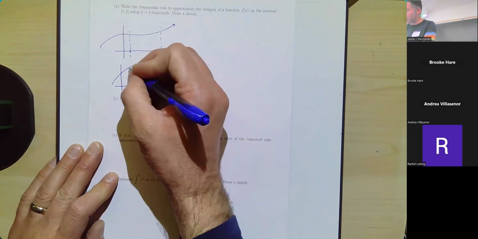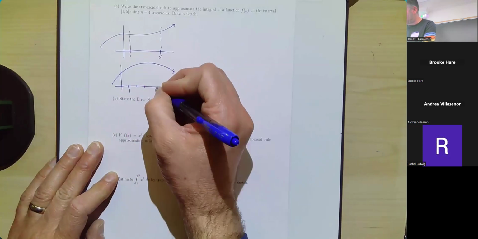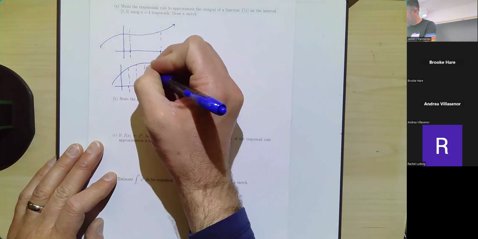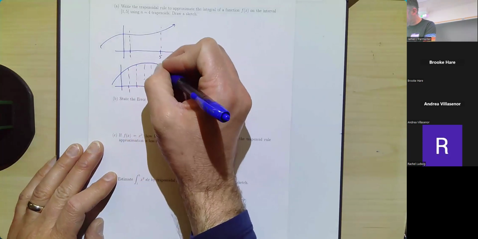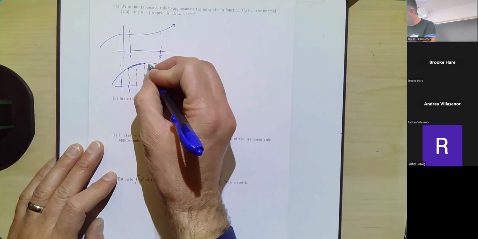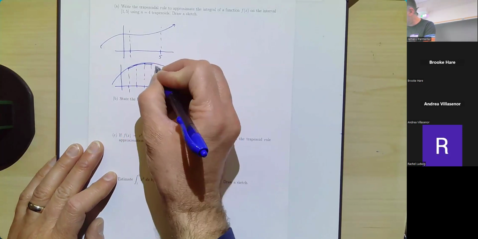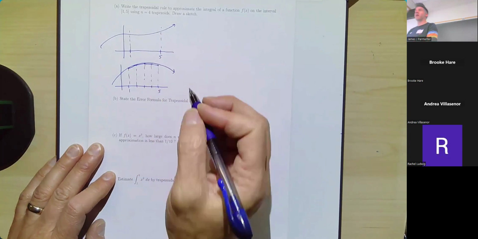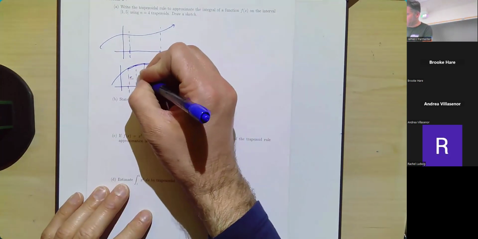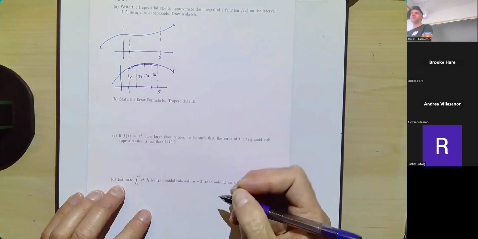So it's easier to then divide this up into 4 sections. And then for each section, you're trying to draw the trapezoid. I'm trying to make it look like, okay, there's my trapezoid. There's my trapezoid. This one's kind of silly. There's my trapezoid. There's my trapezoid. Just so you're showing the difference, like we're actually missing some area here. But again, as long as you've drawn something and then maybe labeled T1, T2, T3, T4, something like that.